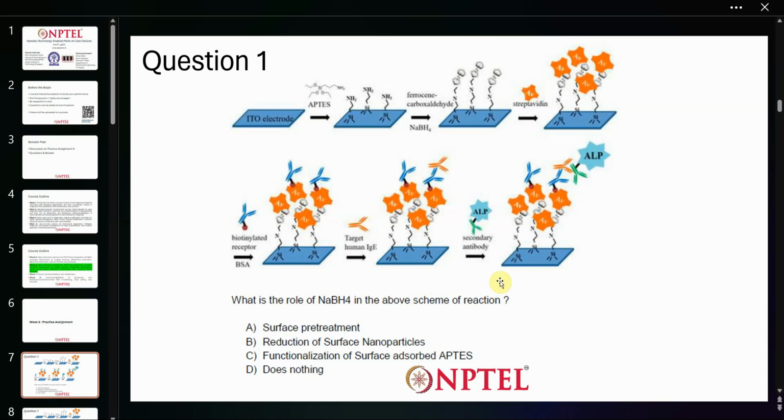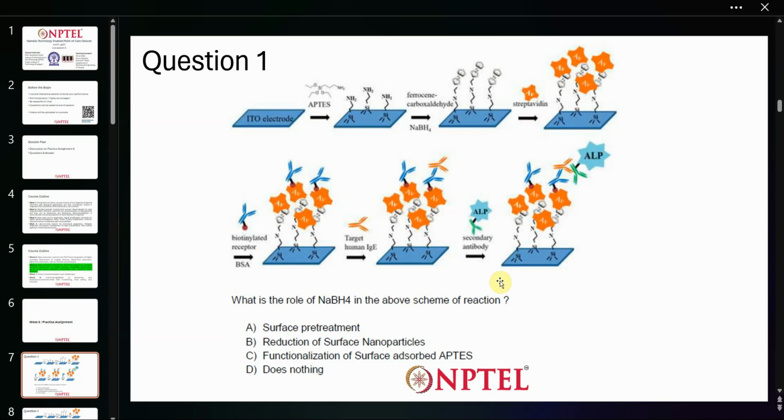Since we have got the surface activated, we have got the amine group. Then we use ferrocene carboxaldehyde and NaBH4 to change the functional group.